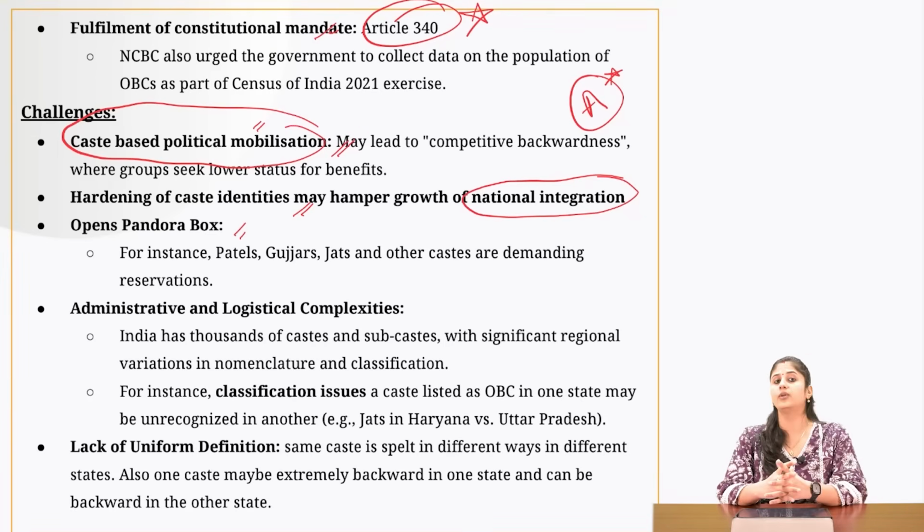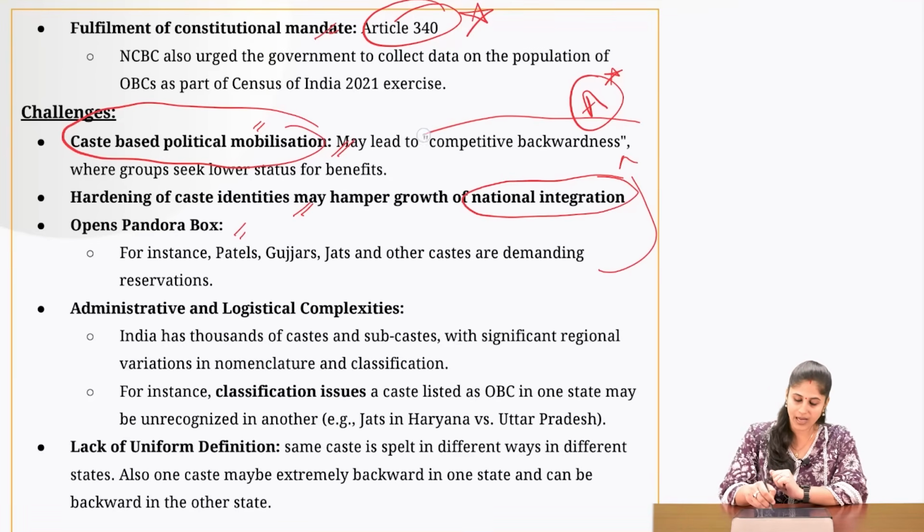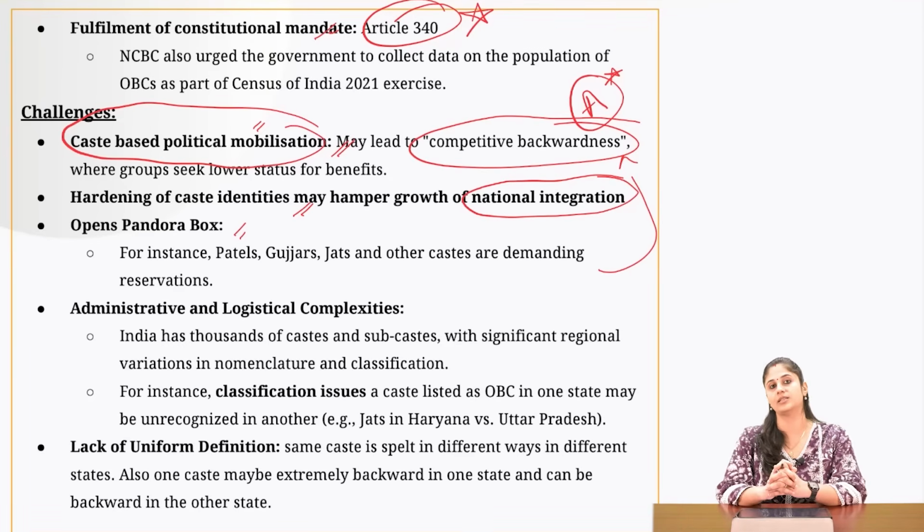It might open Pandora's box, because different caste groups, once the data would be there in the public domain, they'll start demanding more and more reservation benefits, and the castes which are currently not considered under reservation benefits, who are not getting any reservation benefits, they might enter into competitive backwardness, that we are the backward class, we need the benefits.